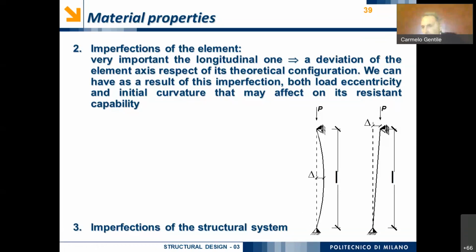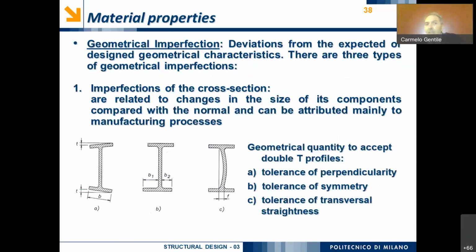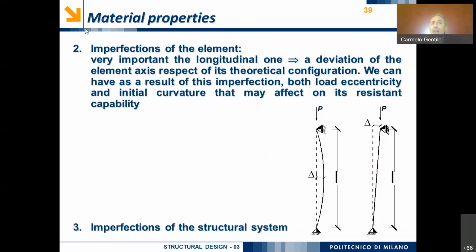So basically, we can see that there are geometrical imperfections at the level of the cross-section. Okay, geometrical imperfection of a beam or of a column, so geometrical imperfection at the level of structural element.